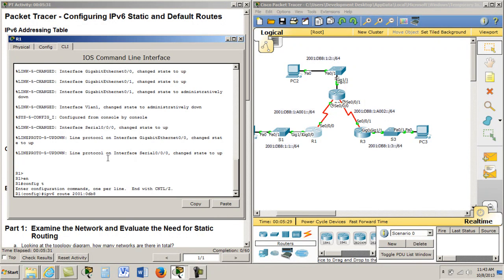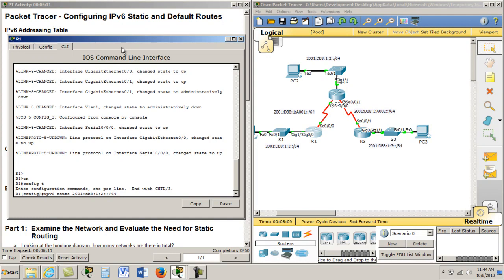But the rules of IPv6 say to omit leading zeros, so it's 2001:DB8:1:2:: and we have to specify the prefix for the network. Then we can give it an exit interface in this case, unless we're using Cisco Express Forwarding, in which case a recursive lookup is preferred.